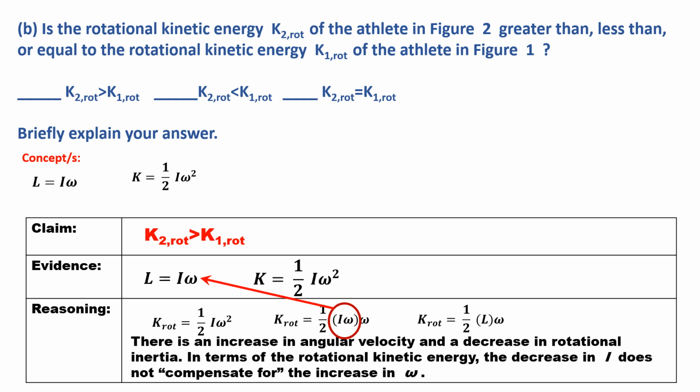So there is an increase in angular velocity and a decrease in rotational inertia. In terms of rotational energy, the decrease in I does not compensate. If you look at this one, ladies and gentlemen, I is not exponentially growing, while omega is exponentially growing.